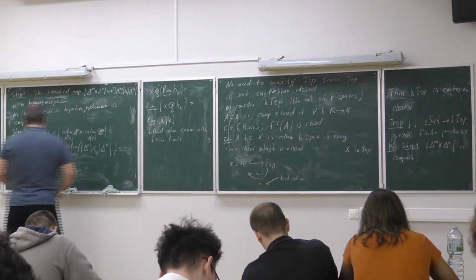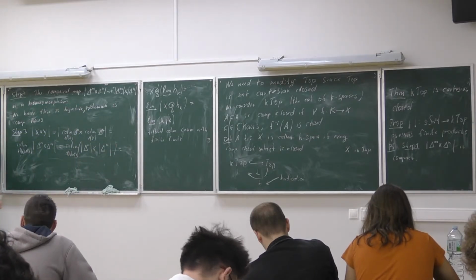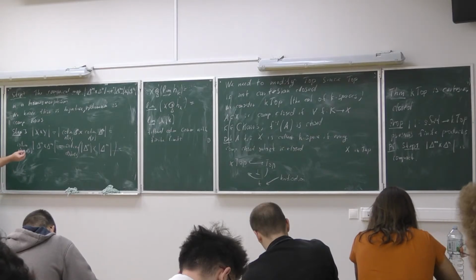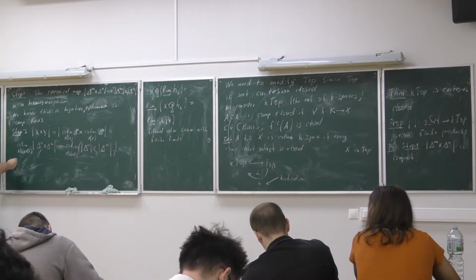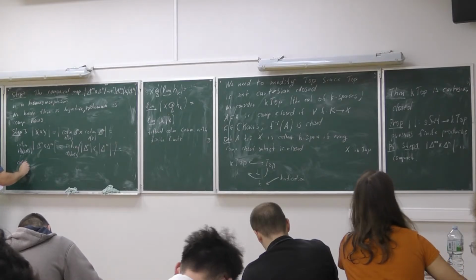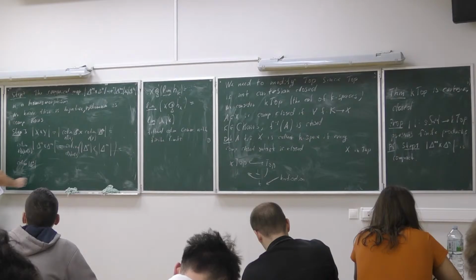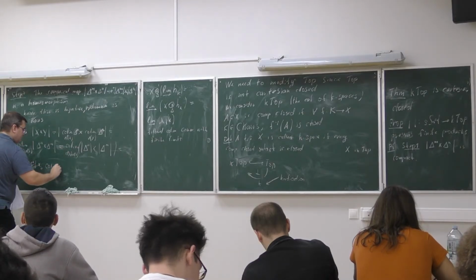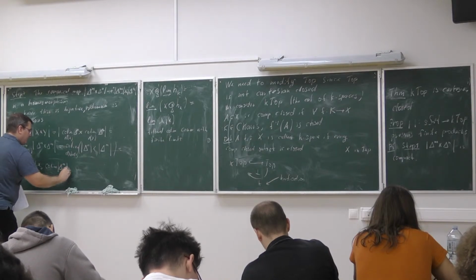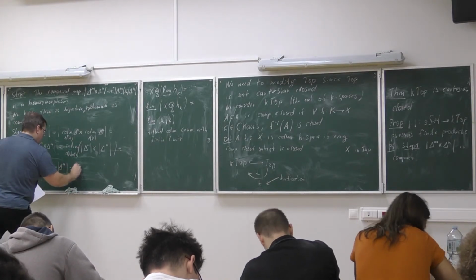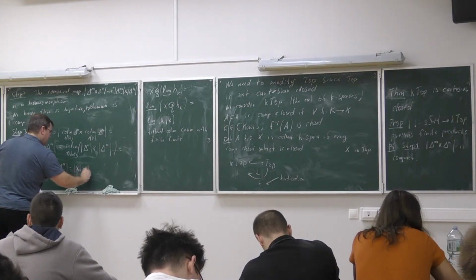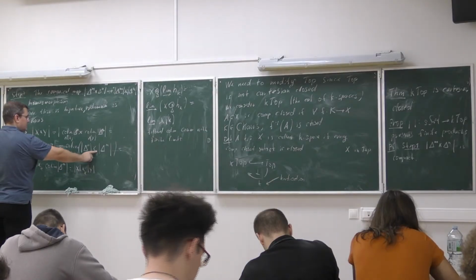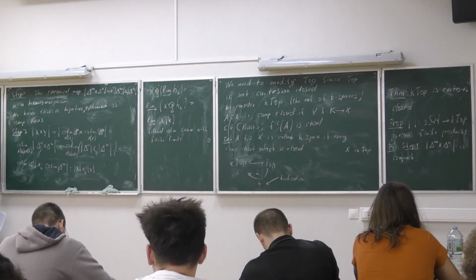But now this is why I used k top instead of top. Since the product commutes now with colimits, this will be the colimit of the realization of the delta n, colimit of the realization of the delta m, and this will be just the realization of X times Y. Now this is important: I can write this k everywhere, but it coincides with the standard product in topological spaces.